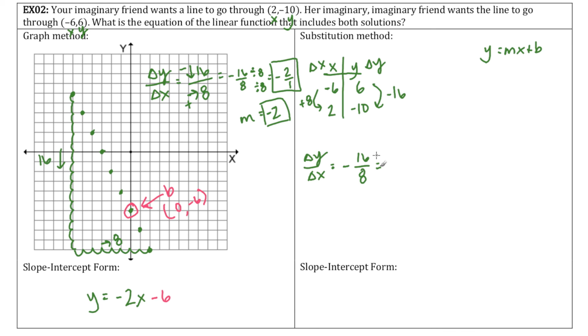Let's say we divide by 4. We get negative 4 over 2, and then we can divide by 2 here, and we get negative 2 over 1.